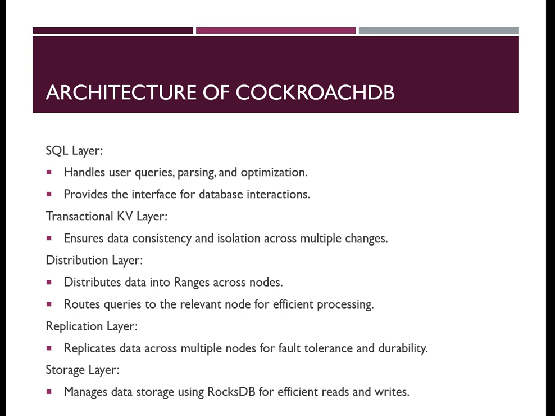The replica layer is responsible for replicating the data across nodes using Raft consensus, ensuring durability and fault tolerance. The storage layer is responsible for storing the data, and here it is managed using RocksDB.